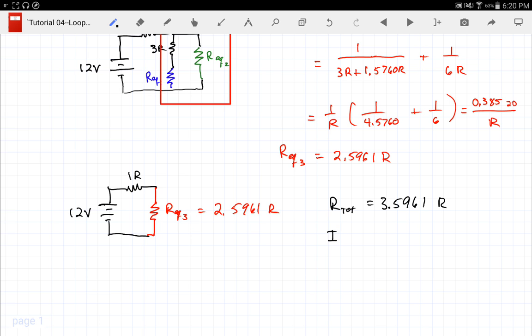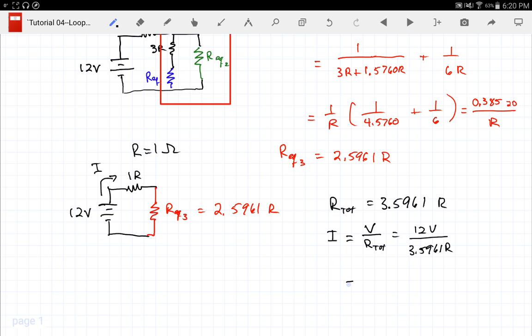So the current that is flowing out of my battery using Ohm's law is going to be the voltage of my battery divided by the total resistance. So 12 volts divided by 3.5961R. Now, of course, I didn't define what R was. Let's make life easy and say R is equal to 1 ohm. That will make the calculation very straightforward.